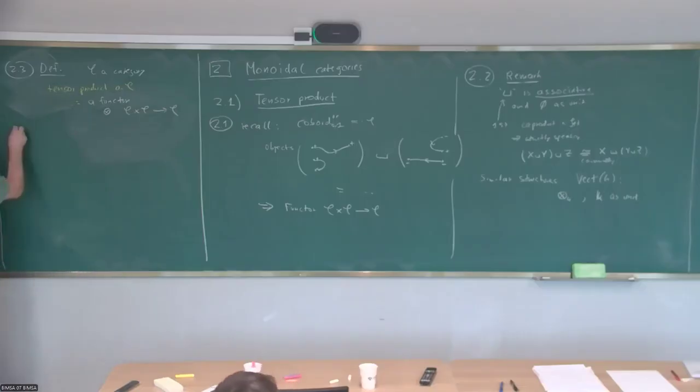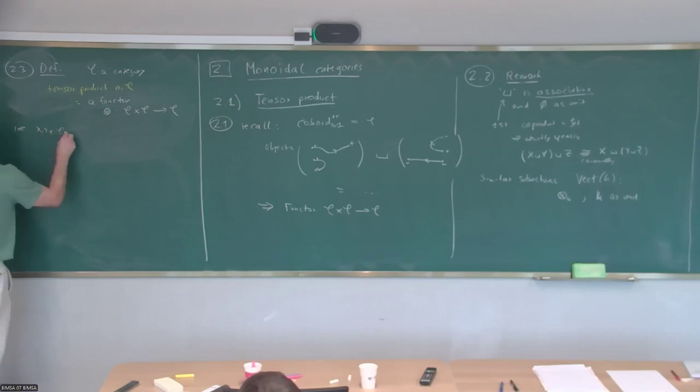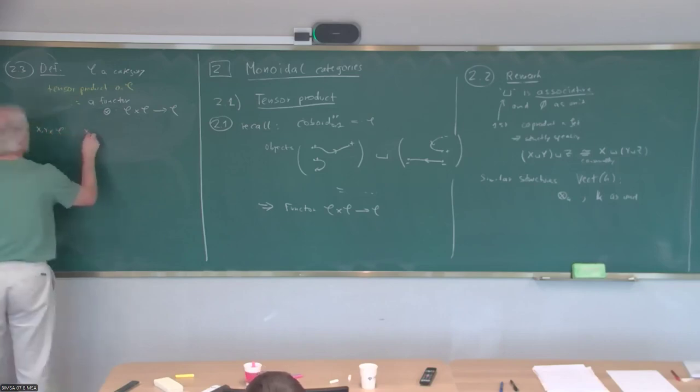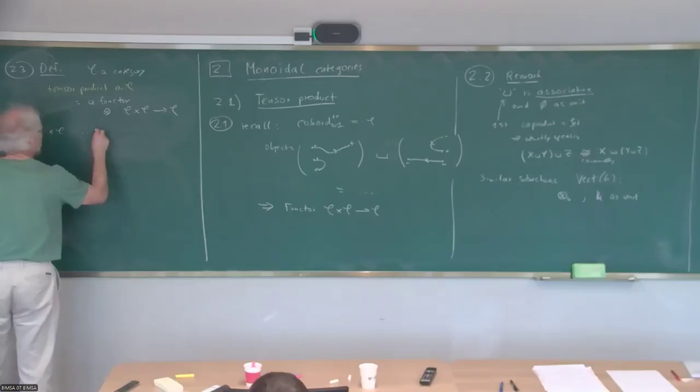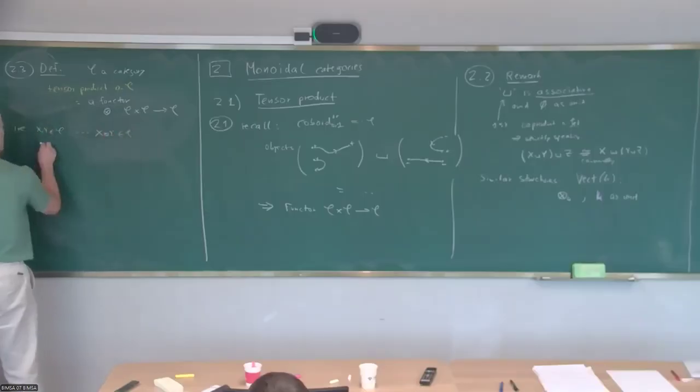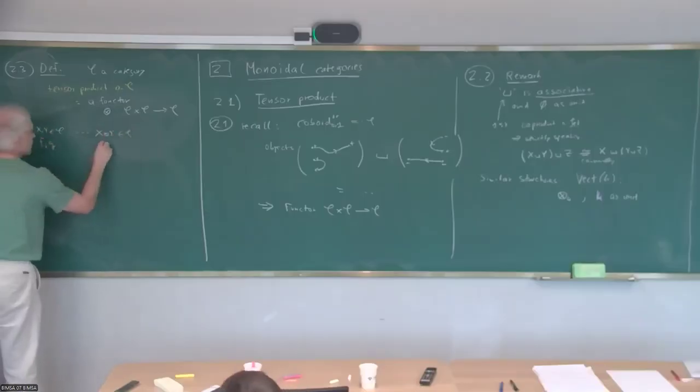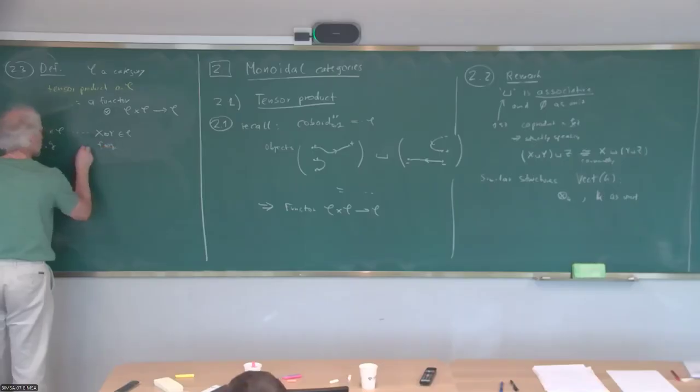So in more detail, whenever we have two objects in C, then we can associate to them an object which we call X tensor Y. And if you have two morphisms, then we can have a tensor product of morphisms.